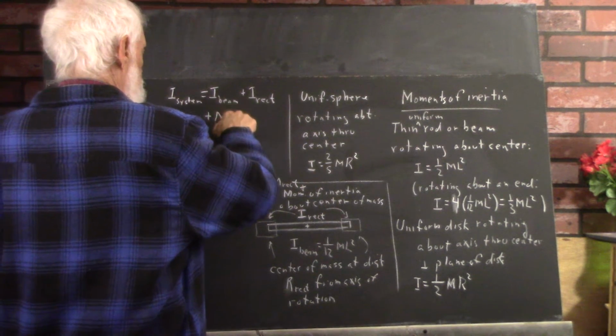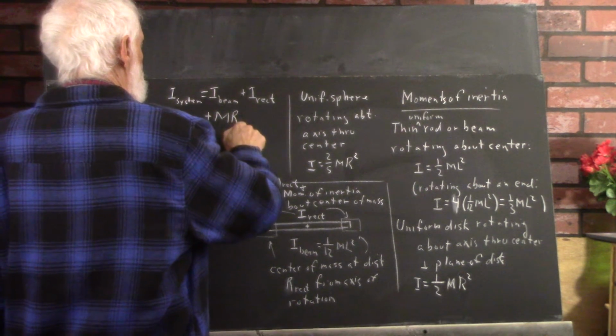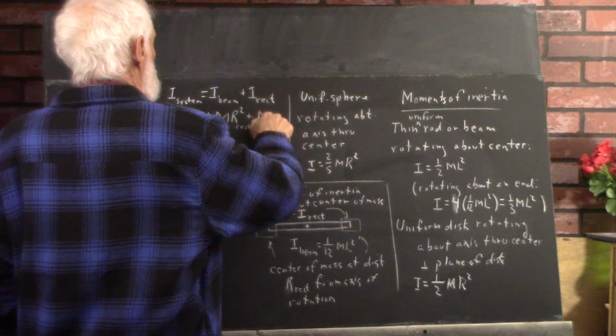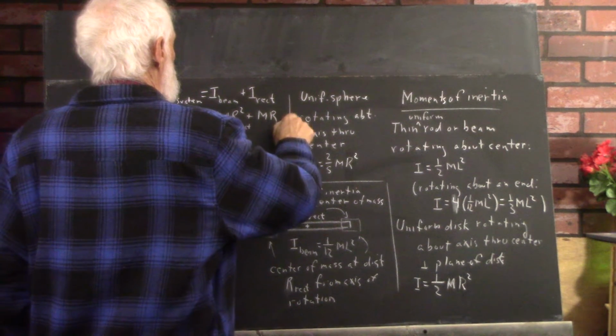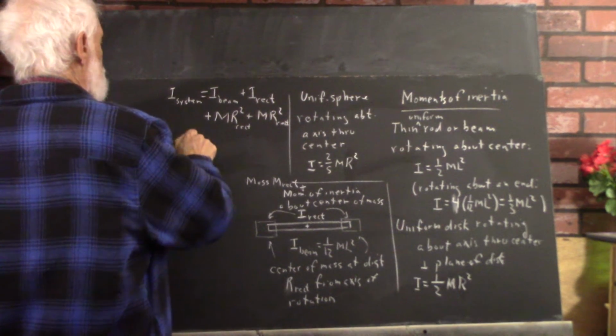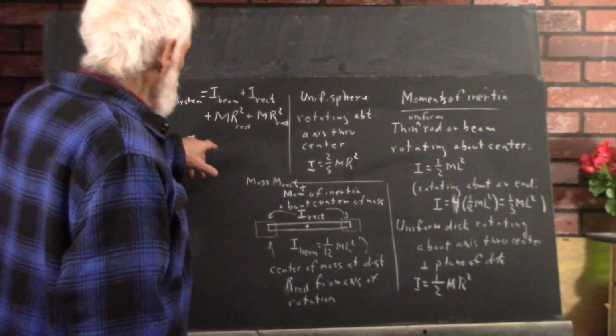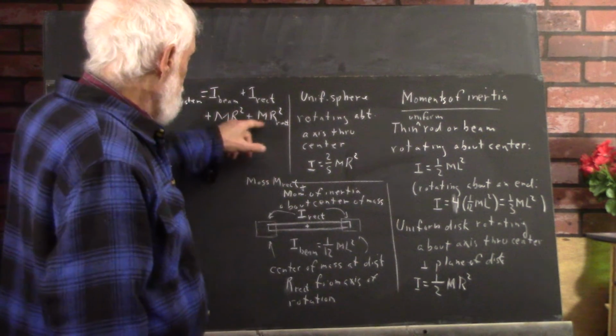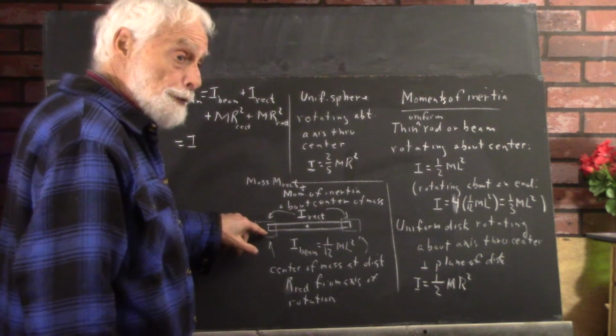I'm going to write it down twice. So you have an M R rectangle squared for this one, and an M R rectangle squared for this one.